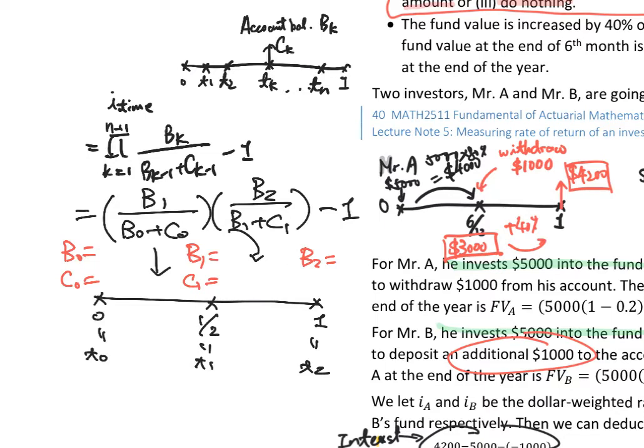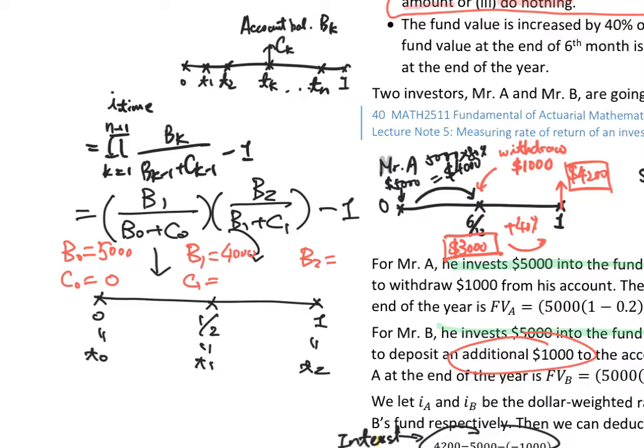For the deposits C0 and C1, this is easy. At time 0, you do not have any deposit, so you just get 0. And then B0 will be 5,000. At 1/2, your account balance before the deposit is 4,000.